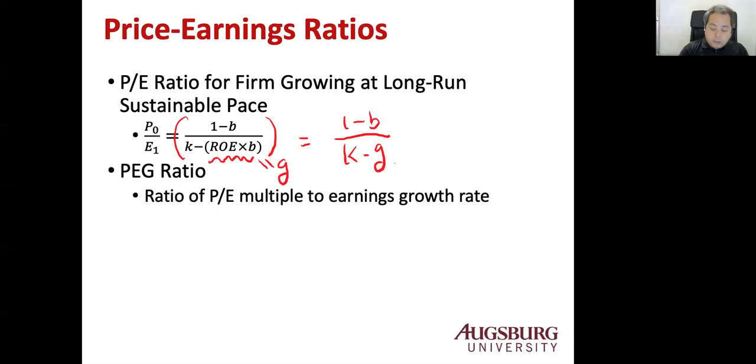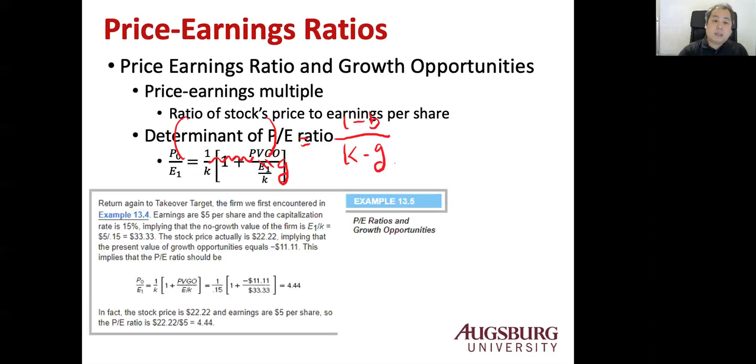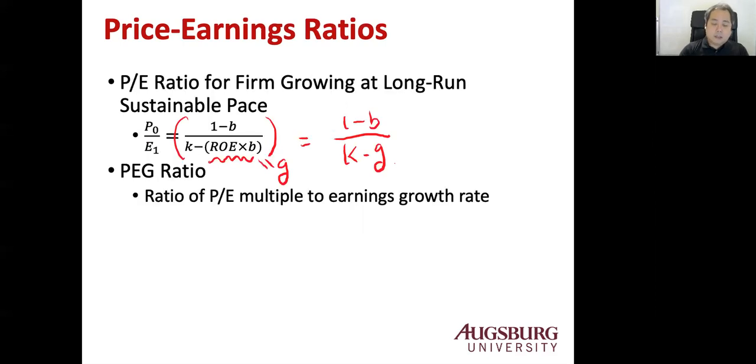You can verify it from the previous slide using this formula, and then you get this result. It means that you can have the PE ratio related to the plowback ratio, the ROE, and the required rate of return.